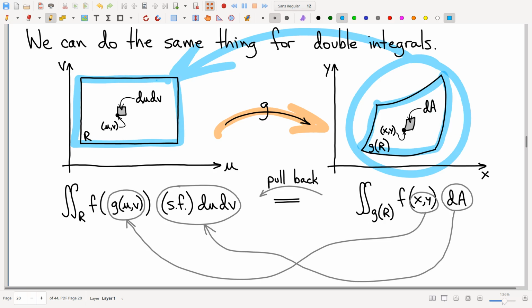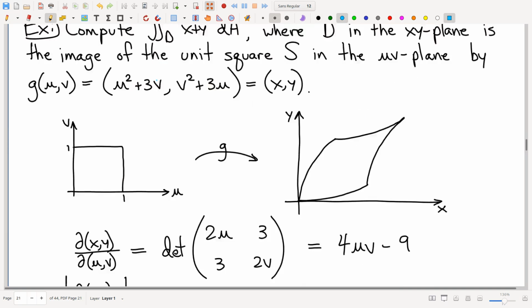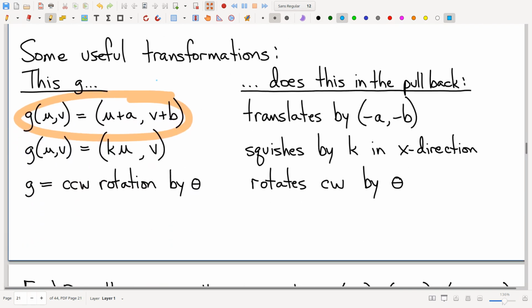It's going the opposite direction. And so you're going to find there's an oppositeness in what this does to your domains. If you translate in one direction, the domain is going to pull back, exactly the opposite. Stretches turn into squishes. Counterclockwise rotations turn into clockwise rotations when you're doing the pullback.